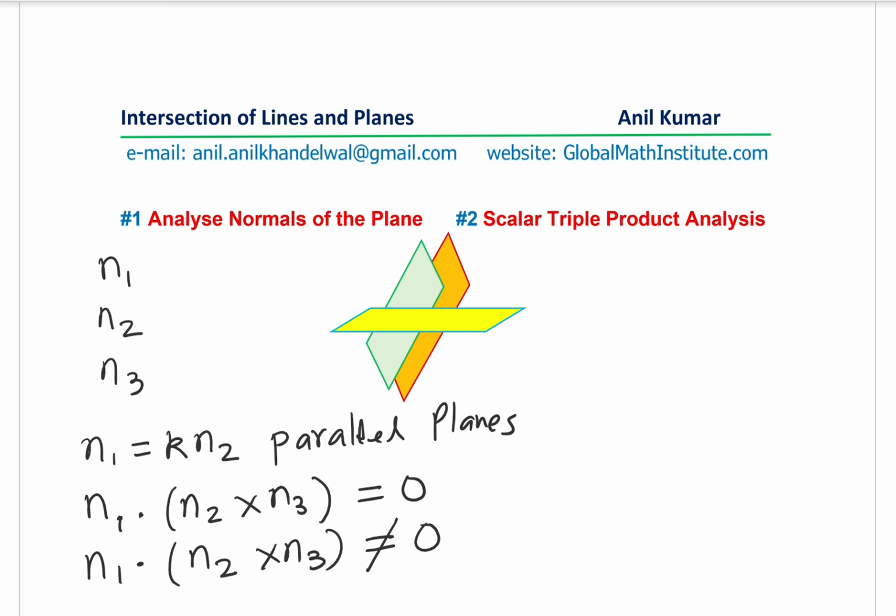And if it is not equal to 0, then what happens? Well, if it is not equal to 0, then we know that this particular condition will give us intersection at a point. However, if it is equal to 0, then we could have two scenarios.